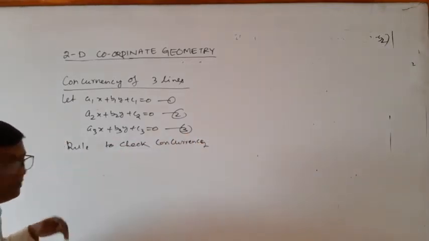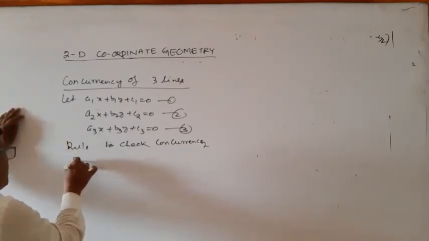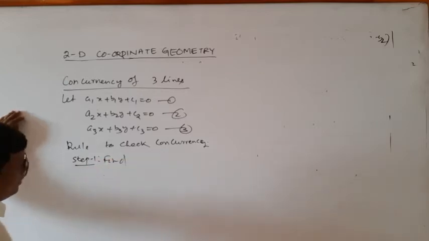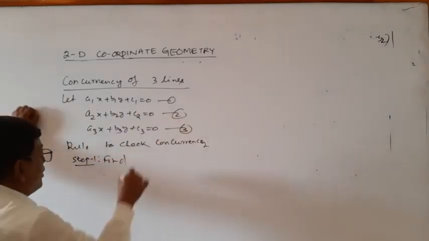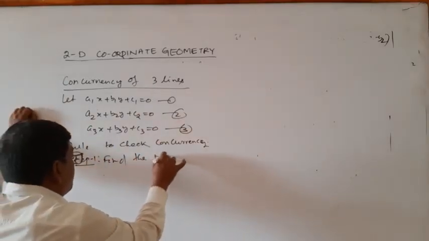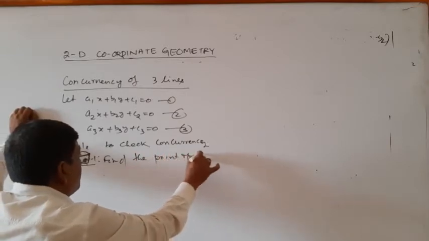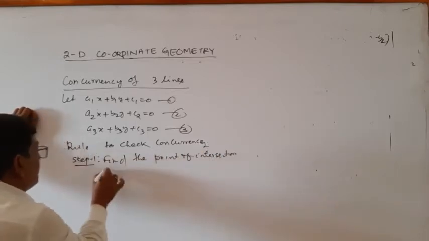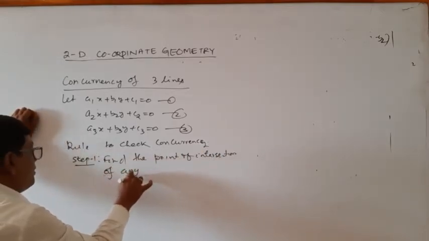Step 1: solve any two lines, that is, find the point of intersection of any two lines.